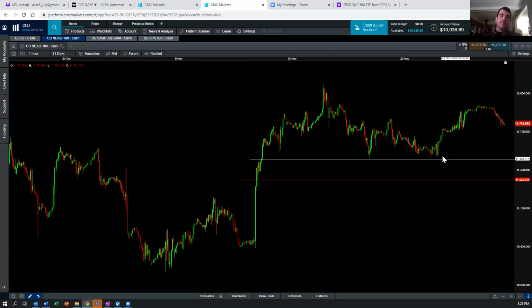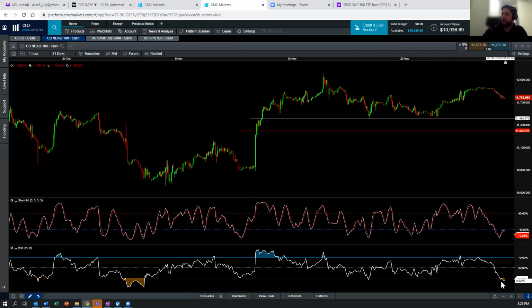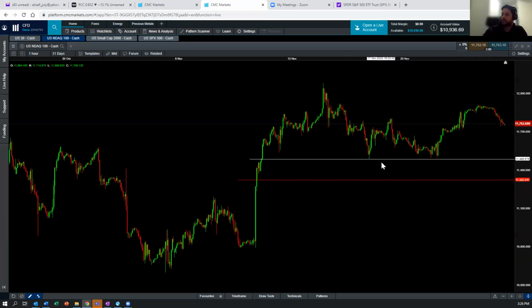So you should have done something. It needs to show us something. If it is a good demand area, you should take out this high. But it seems like this high still is strong. However, it is very oversold in the hourly chart. It doesn't look like it even took out the second high. Correct, this one you mean?